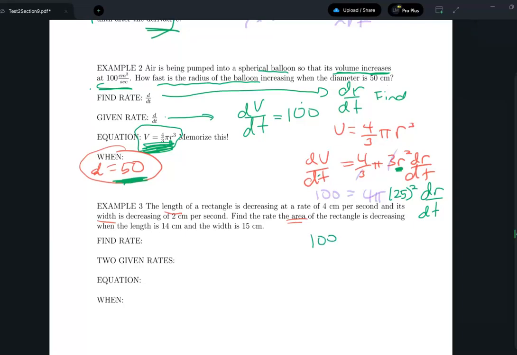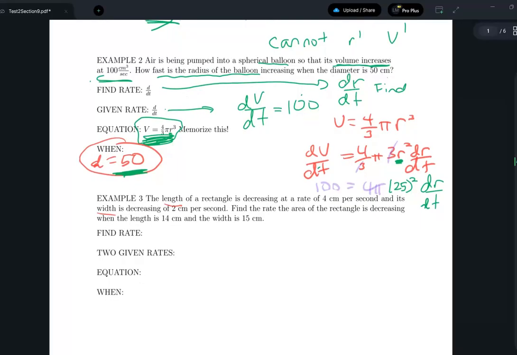So 100 over 4 pi 25 squared is dr over dt, and that's a fine answer. Remember, you cannot use r prime or v prime anywhere in this section where we're taking the derivative with respect to t. It's not just my personal preference, it's an illegal math move.